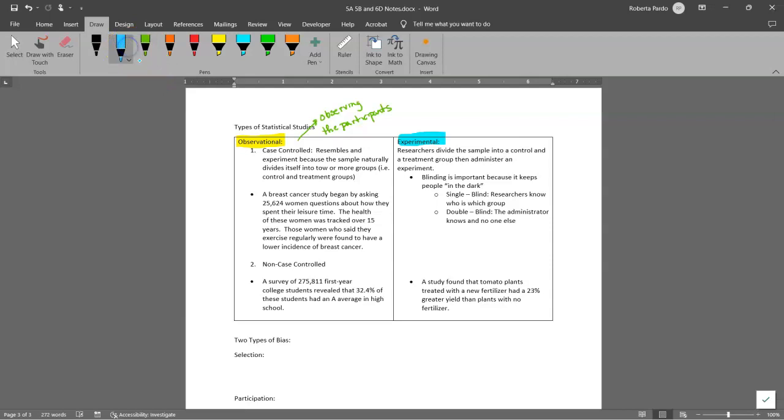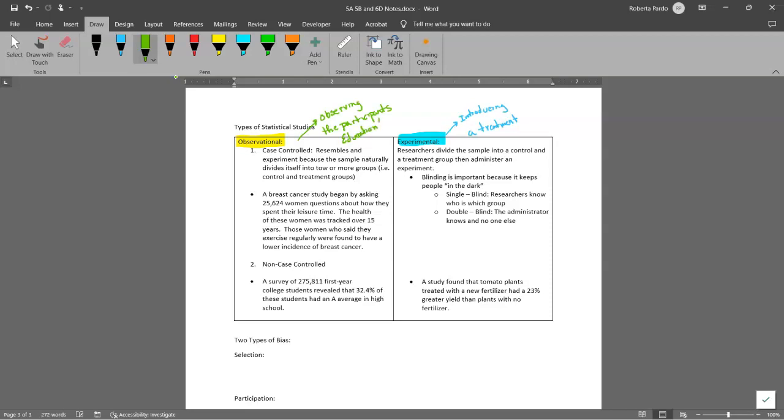And in an experimental study, we are introducing a treatment of some sort.